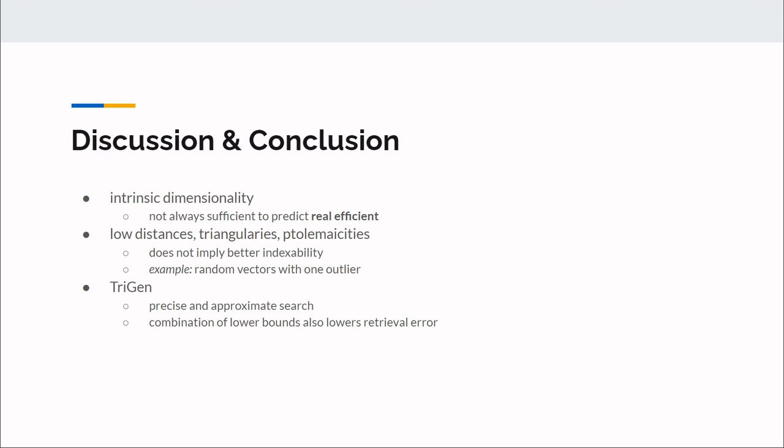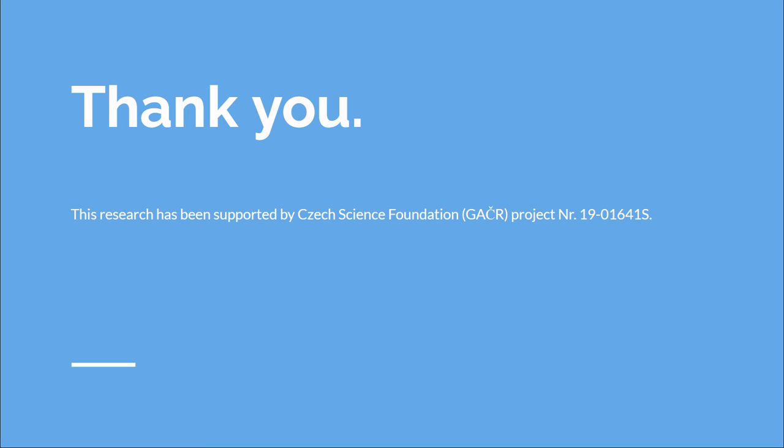TriGen can be used not only for precise and approximate search, but it can be used as a tool for efficient dimension reduction with the current methods. The combination of lower bounds can help with the efficiency, but also with the retrieval error caused by broken triangles or quadrilaterals. Thank you for your attention.